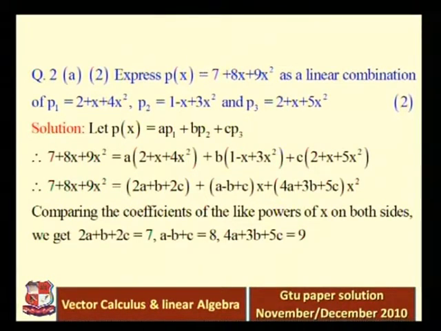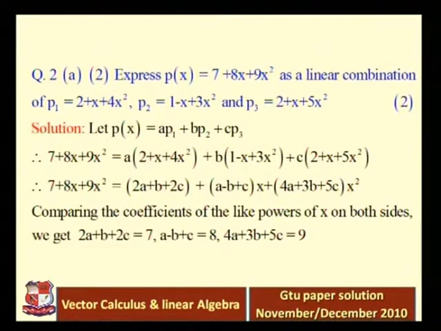Now the left hand side is the same, 7 plus 8x plus 9x square, but in the right hand side we write it with simplification: first the constant term, second the terms of x, and third the term of x square.